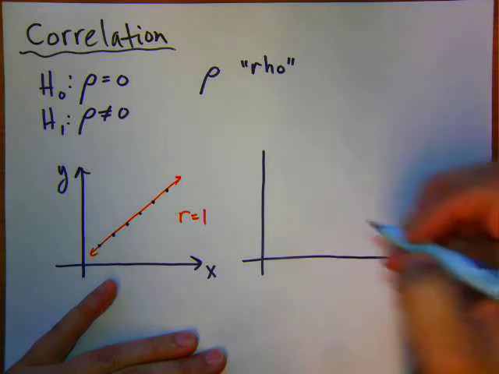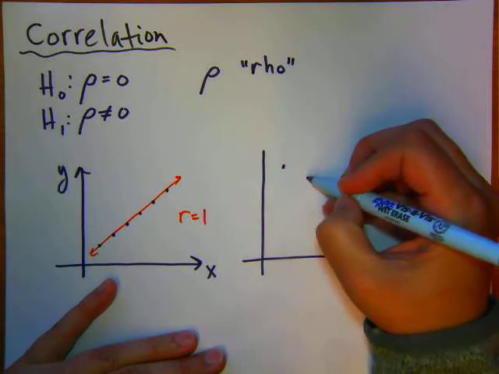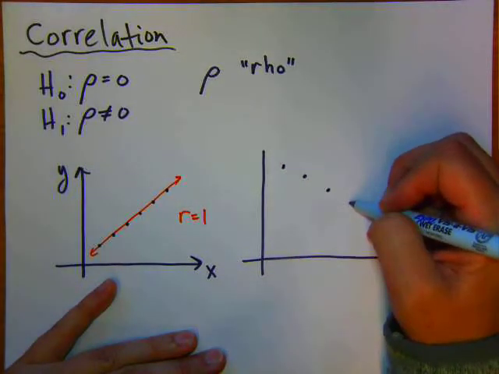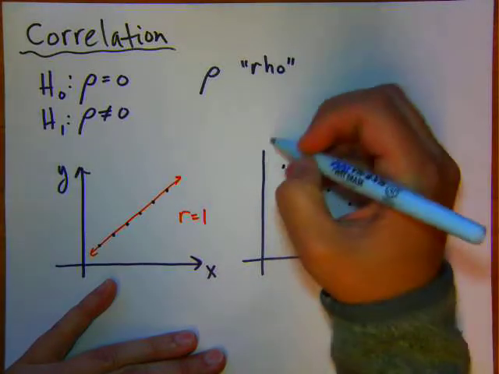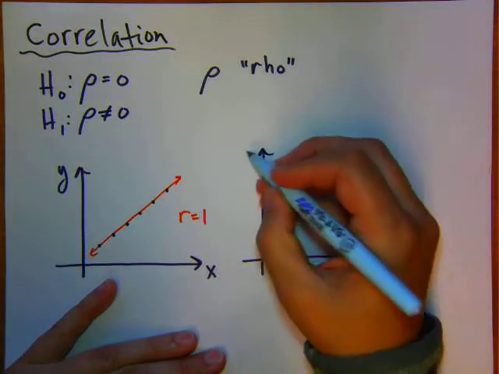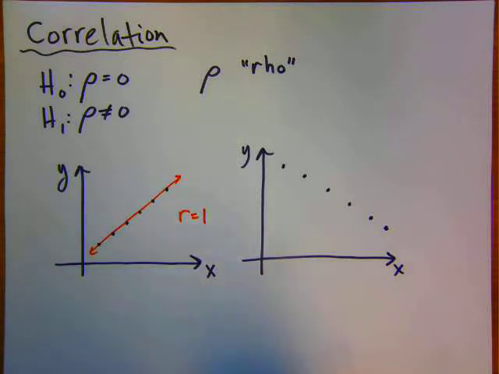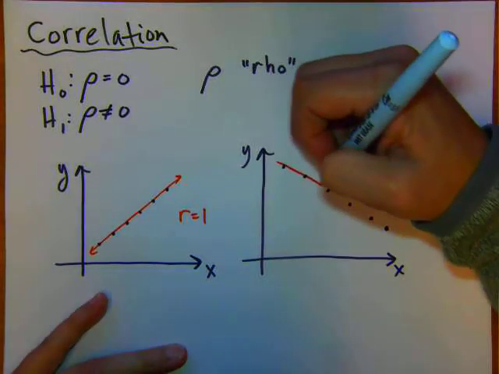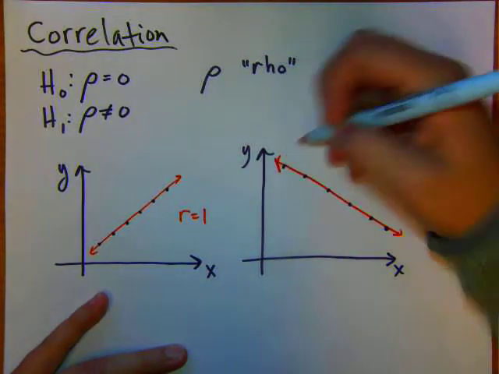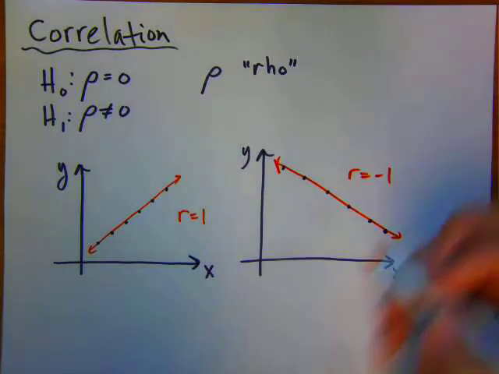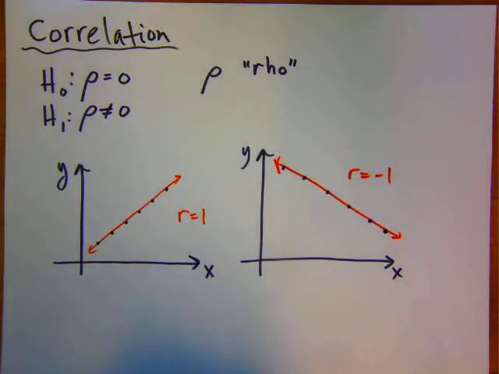So for instance, if I have my dots going downhill from left to right, this downward trend, r would be equal to -1. Now the slope doesn't matter.